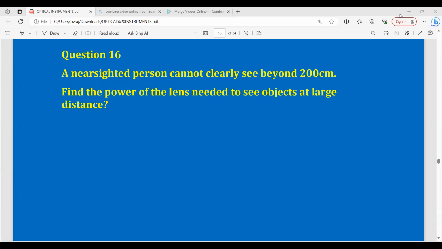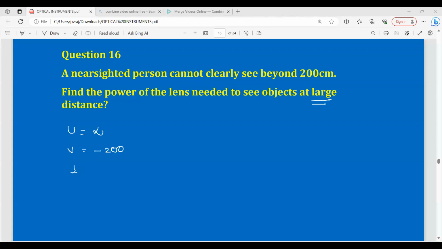Okay, so you can write here u equal to infinity only. What is given? Objects at large distance. And v equal to, where does it form? It forms at 200 centimeters in front of the eye. Okay, now power has to be found.